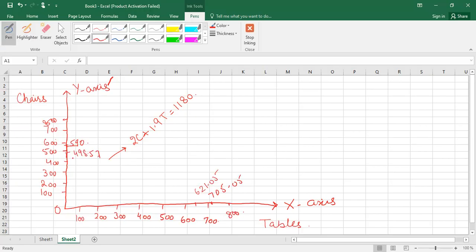So first I will draw this line again, a straight line connecting with the 621. Now 498 will connect with the 705.